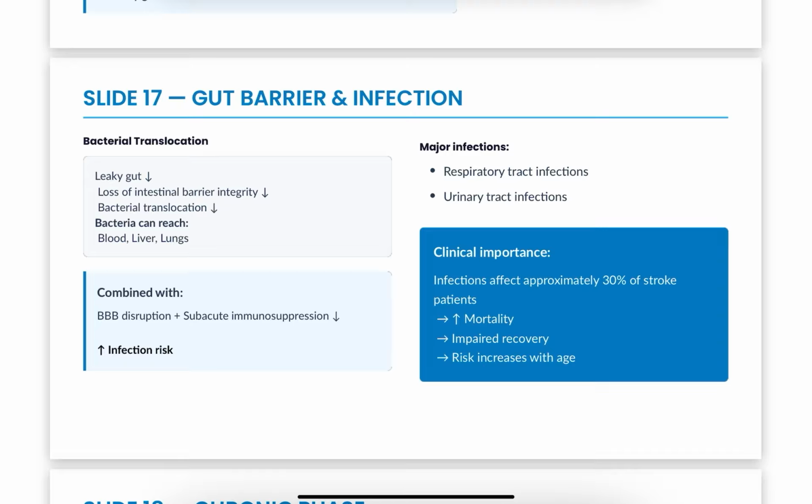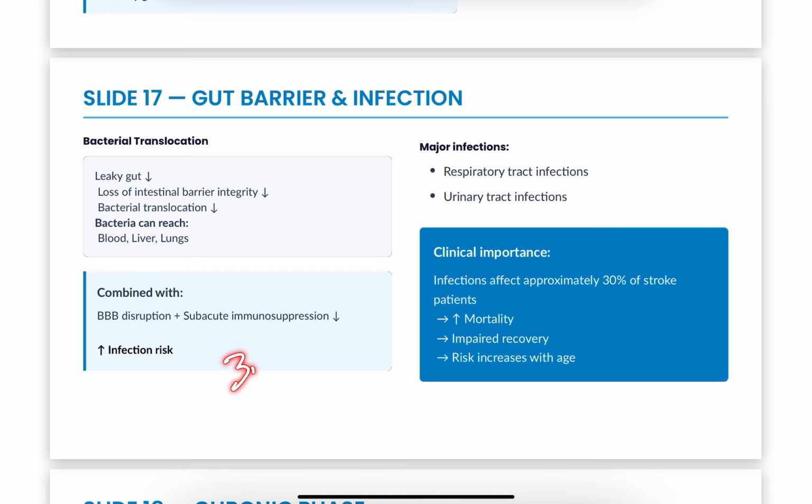The barriers that normally protect us are being compromised, while the immune system that normally fights the infection is being suppressed, immunosuppression. And this combination that we are seeing here is basically explaining why infections are such an important complication after stroke. What do I mean by that?